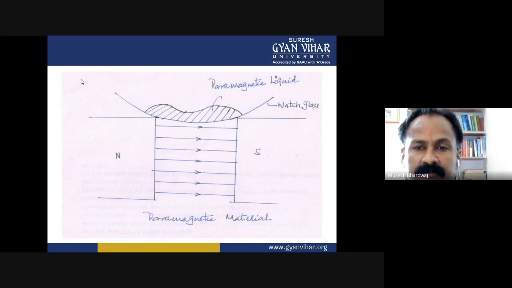When a paramagnetic material is placed in a non-uniform magnetic field, you find that the material moves towards the ends of the poles, where the magnetic field lines are much stronger, so it is more attracted towards the stronger field. So these types of materials are known as paramagnetic materials.